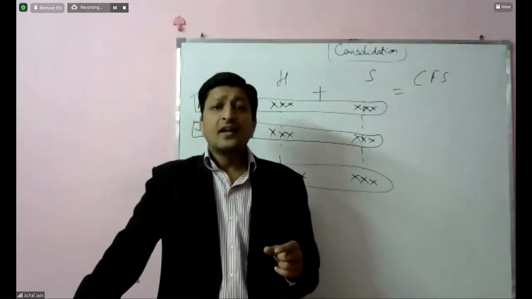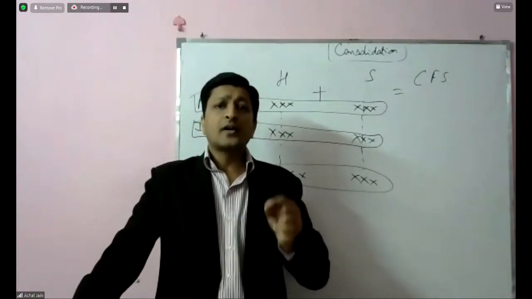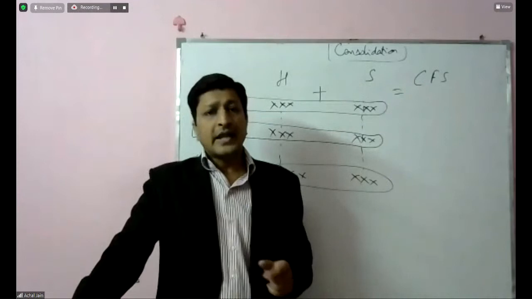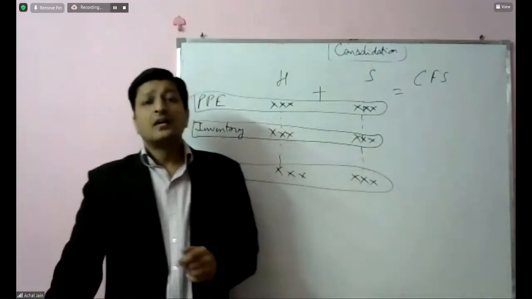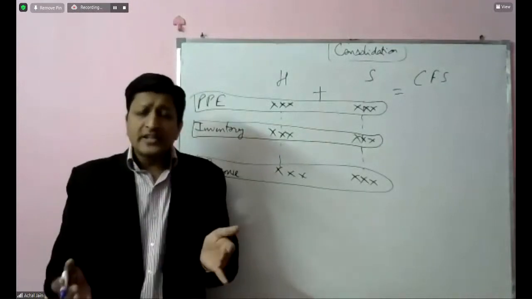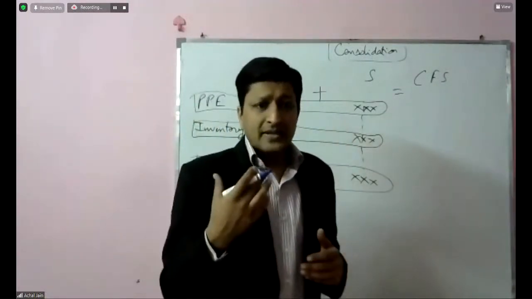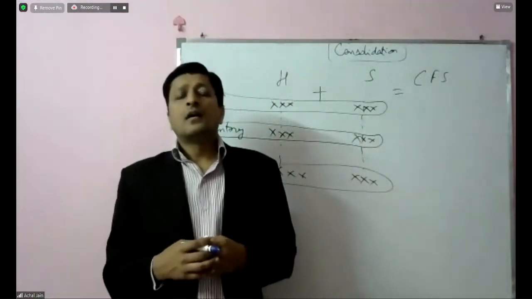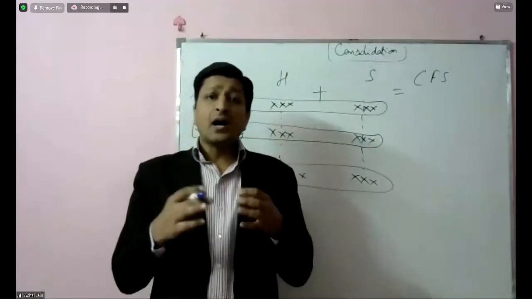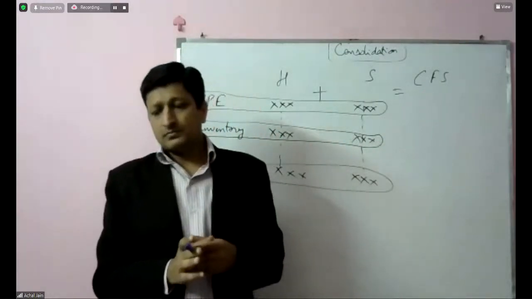The way these amounts are recorded by the companies is similar. Why? Because only then it will make the user understand about the total picture of the group. Let's understand.